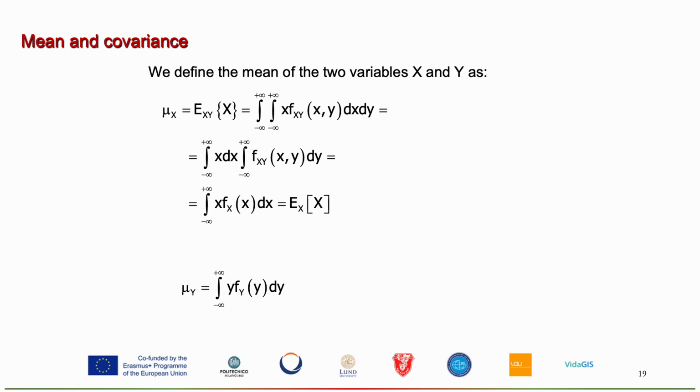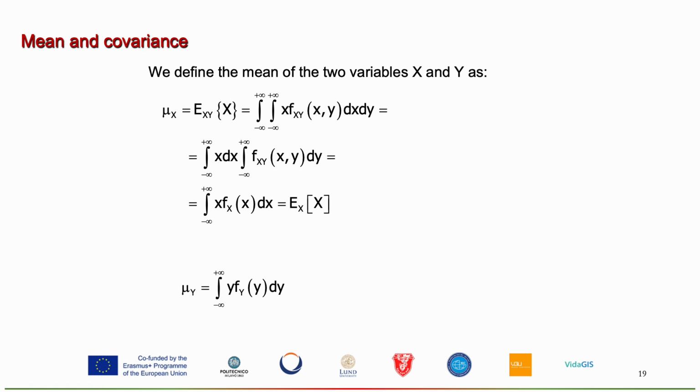It is the expectation in the x y space of x, and strictly speaking it can be computed by the integral between minus infinity and plus infinity in dx of the integral from minus infinity to plus infinity in dy of the product x that multiplies the joint density function of x y.